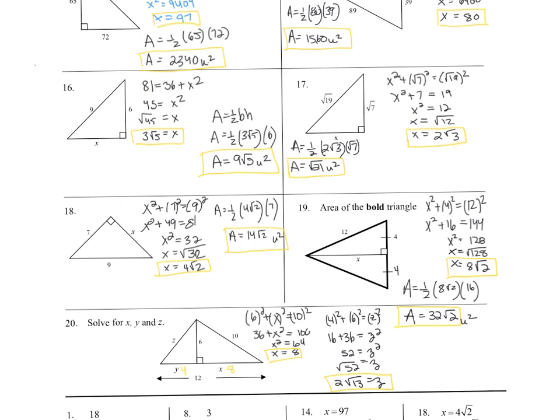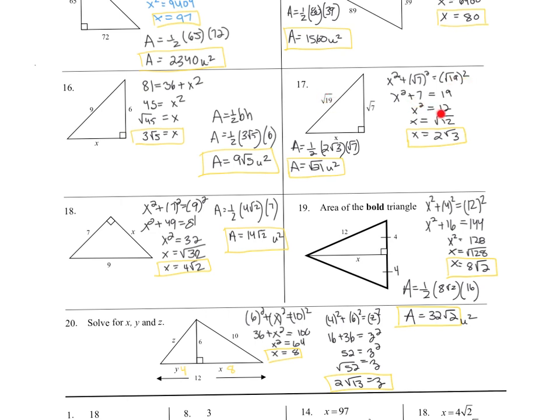Number 17. We are given the hypotenuse and one of the legs, and so we're going to say that x squared plus square root of 7 squared is equal to the square root of 19 squared.